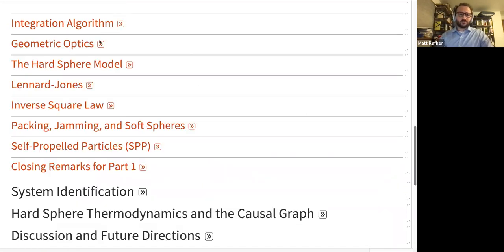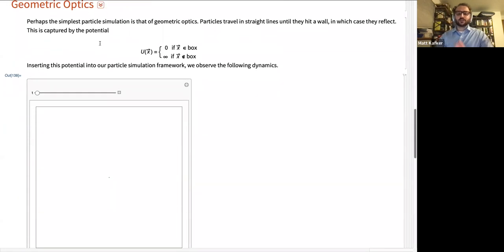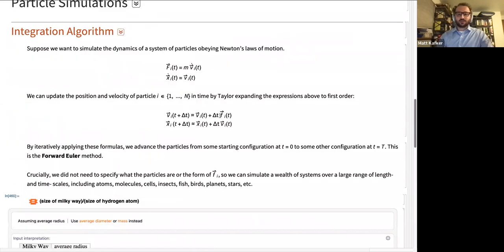So let's actually look at a couple of these. A really good first one to start with. The general theme of this section, by the way, I should say this before I move on: we're just going to be choosing a bunch of values of this force and more or less directly putting it into these equations and then visualizing the evolution here.